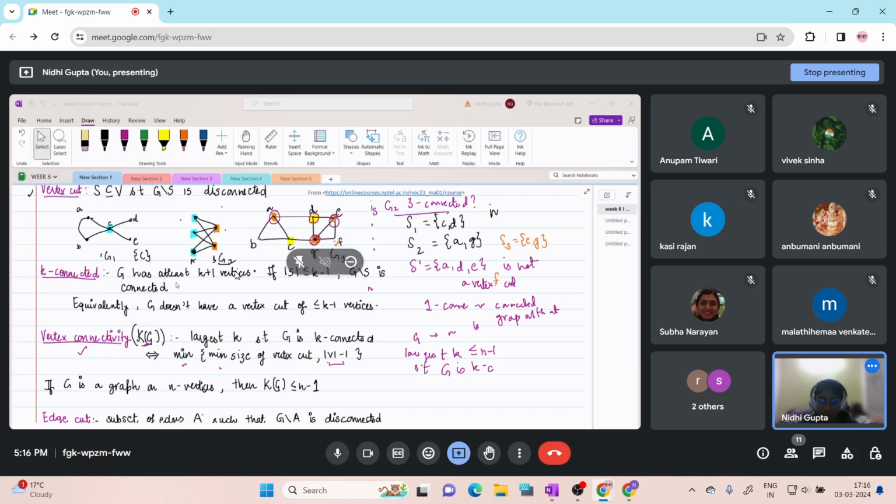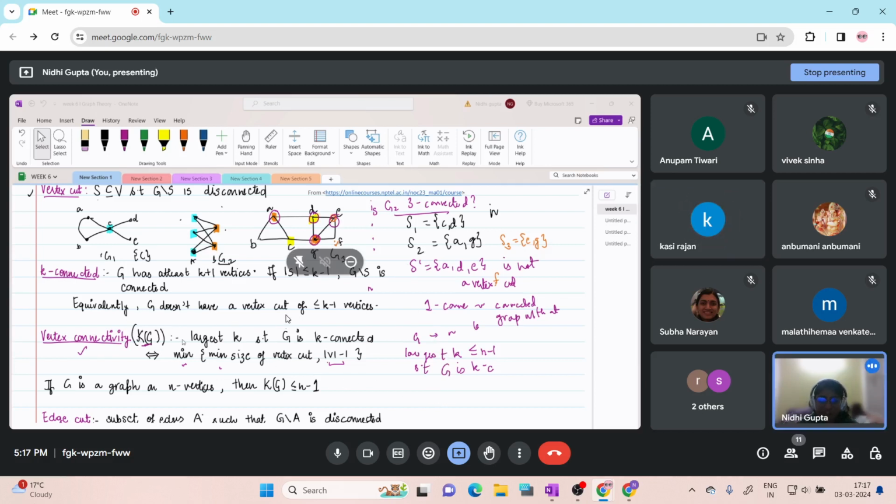What about G2? What is the vertex connectivity of G2? Two. Yes.